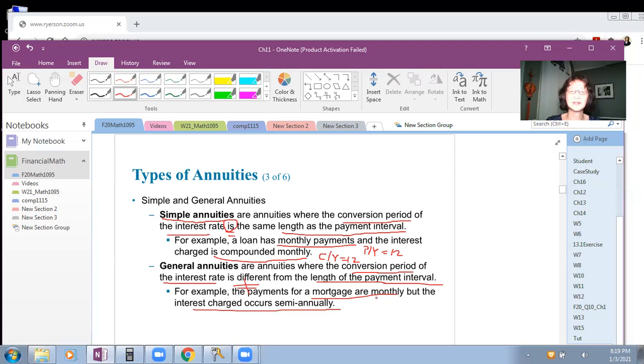In 1 year, you make 12 payments, but interest is converted 2 times. So PY is not equal to CY, and that is a general annuity.